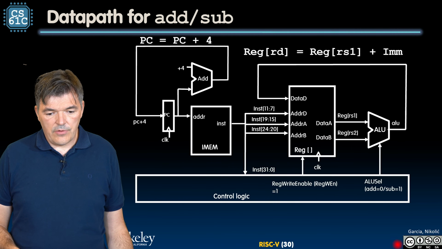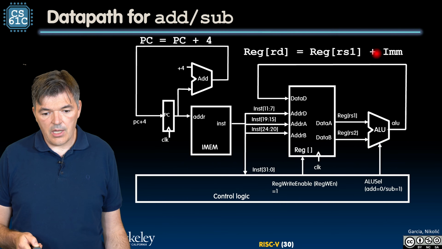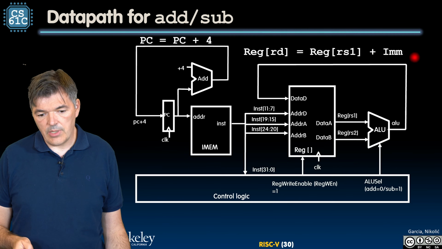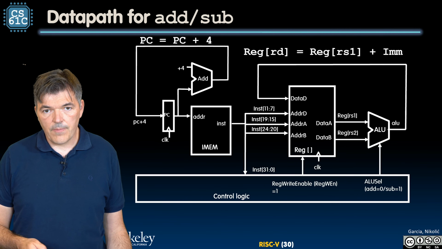Now, instead of adding two register values RS1 and RS2, we would like to add the contents of RS1 to an immediate, and store it in RD.